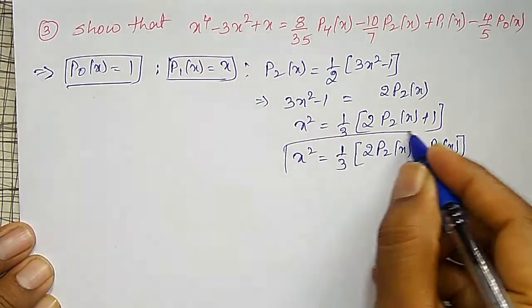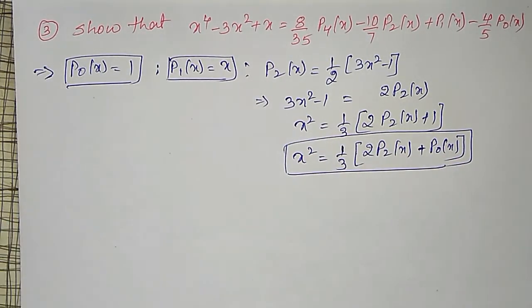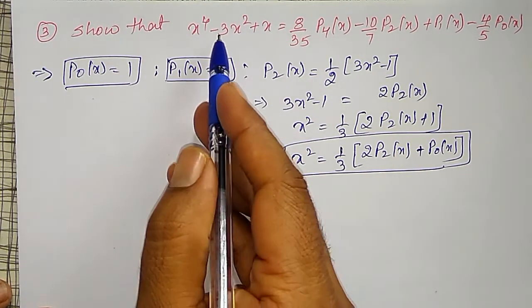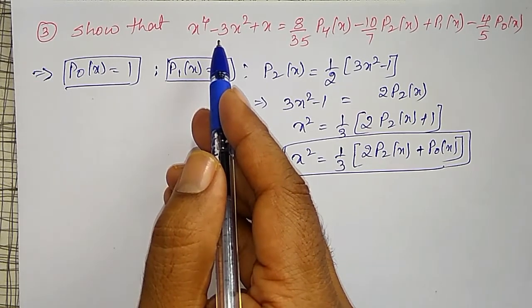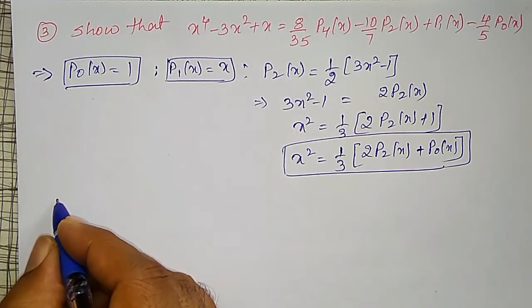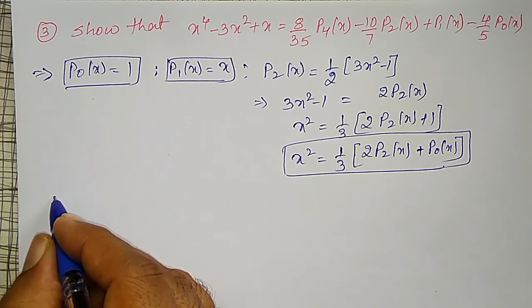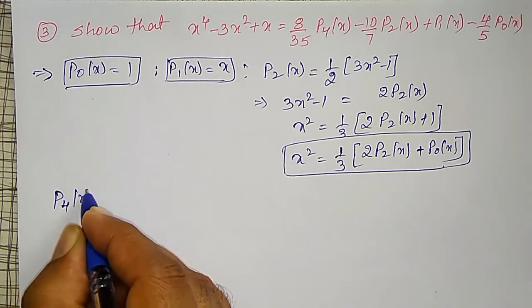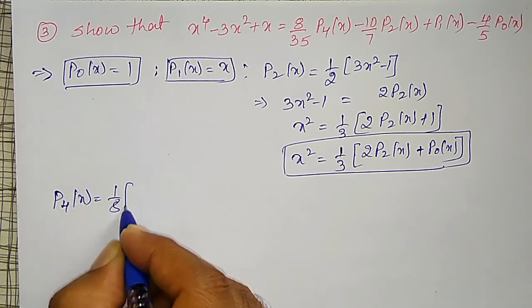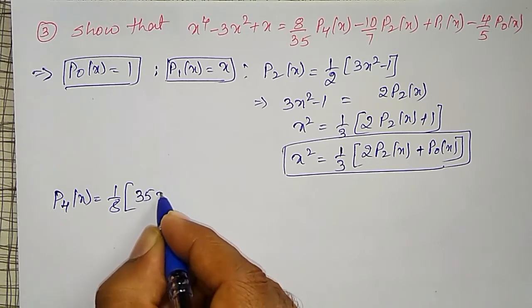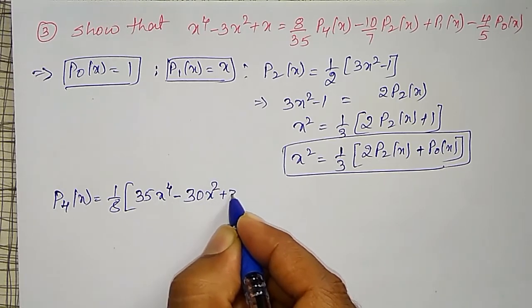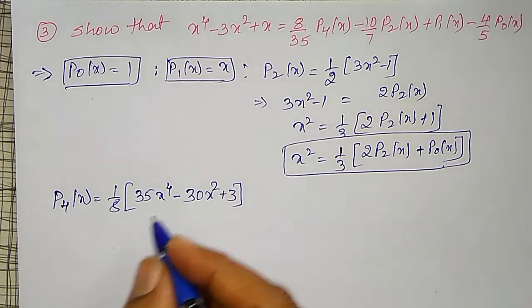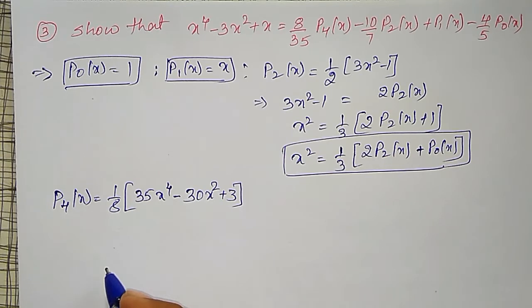Okay, this is how x square is replaced. Like that, x3 is not necessary because I do not have x3 here. Therefore, to replace x4, I am considering P4 directly. I know P4 of x is equal to 1 by 8 times 35 x raised to 4 minus 30 x square plus 3. From this I have to evaluate x raised to 4.